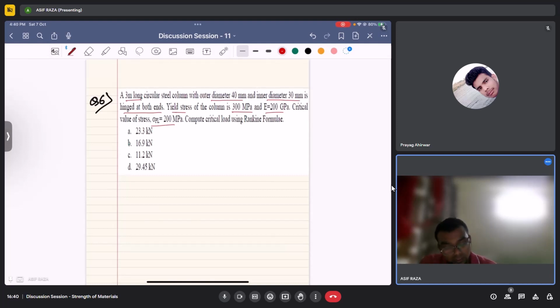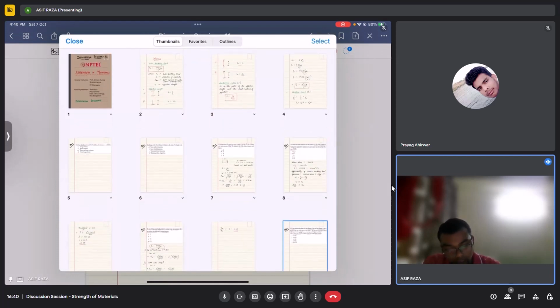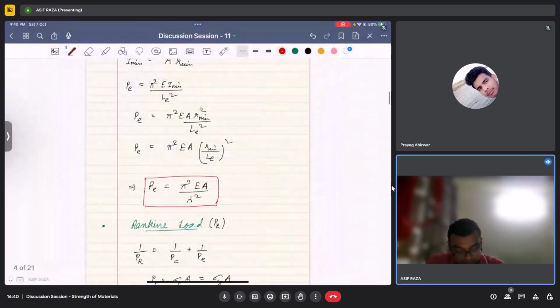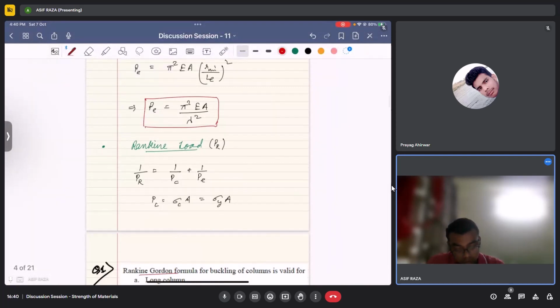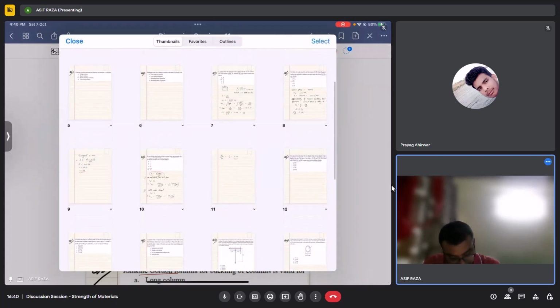Compute critical load using Rankine formula. So if you remember, the Rankine formula was given by this relation. We can find the Euler buckling load, we can find this crushing load, and just use the substitution of this, and we can find the Rankine load. Okay, so let's solve this.